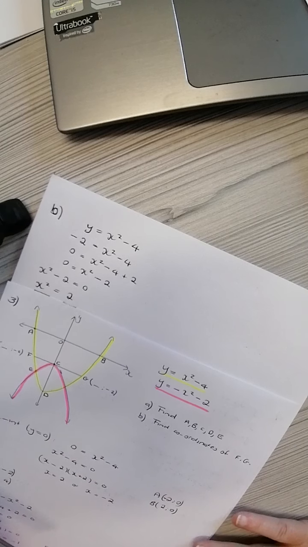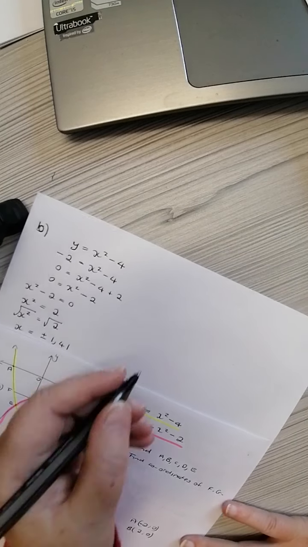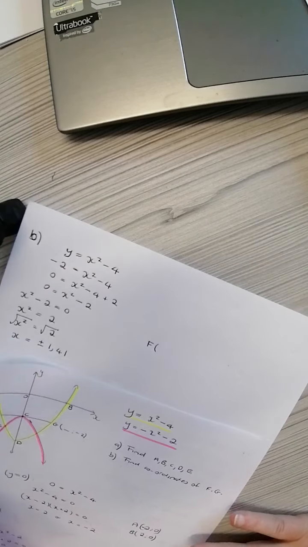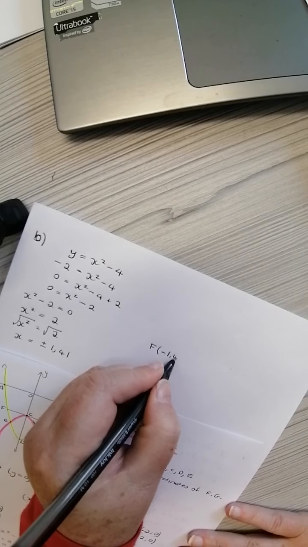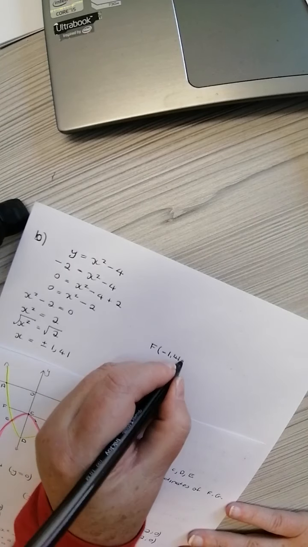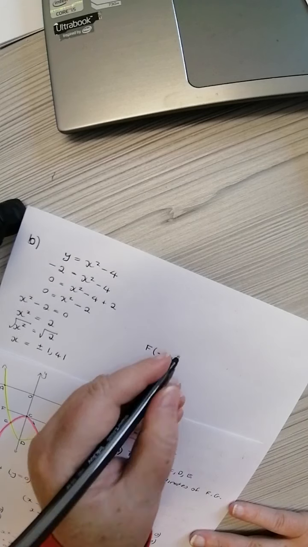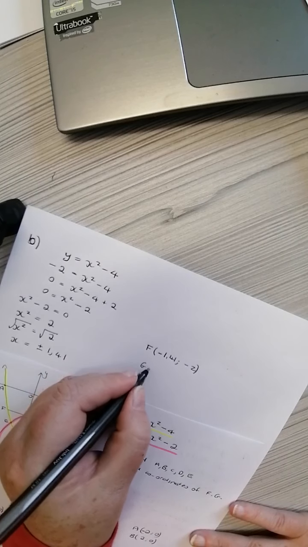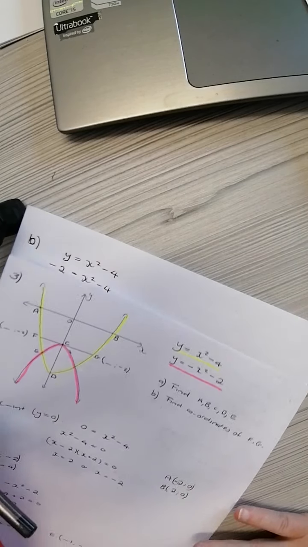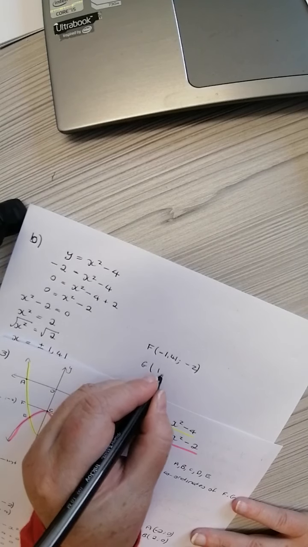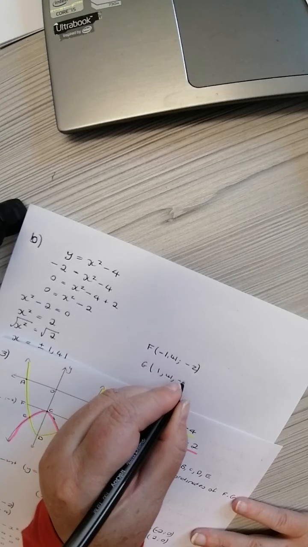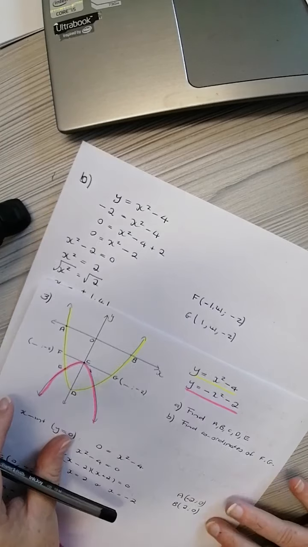So in other words, F is -1,41, and what did we say? -2, and G is the positive 1,41, -2.